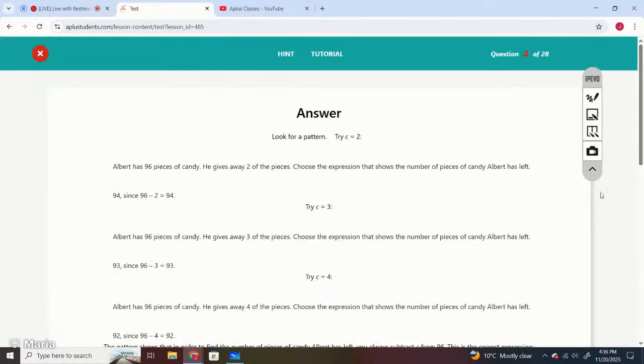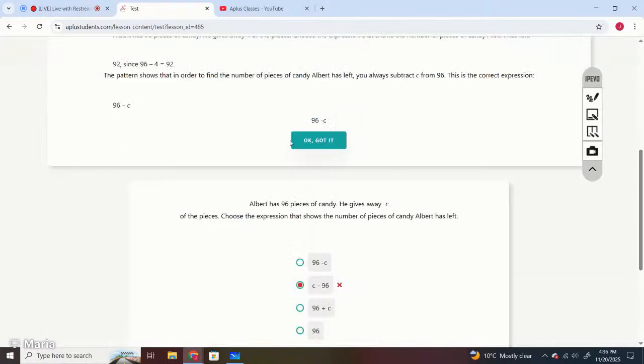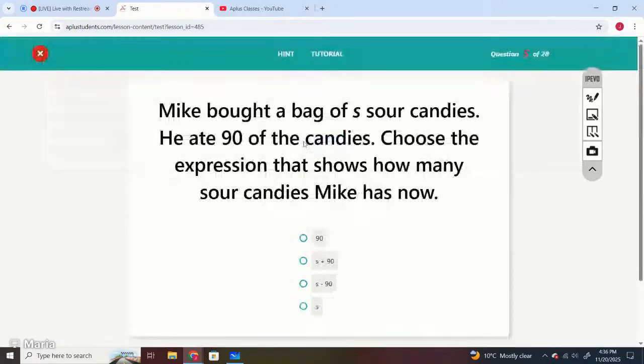Okay, the next one is Mike bought a bag of S sour candies. He ate 90 of the candies.